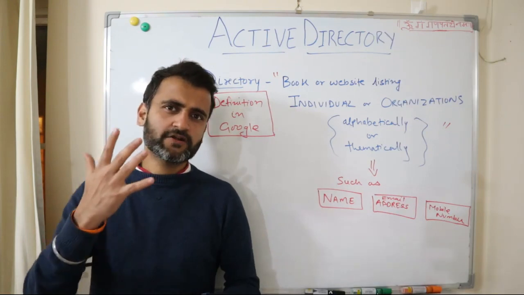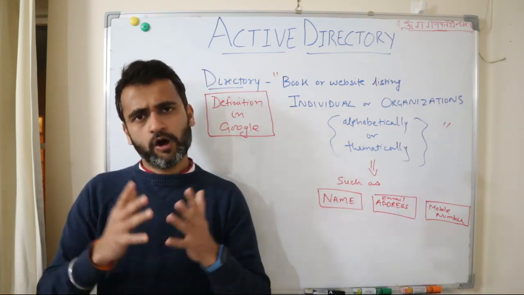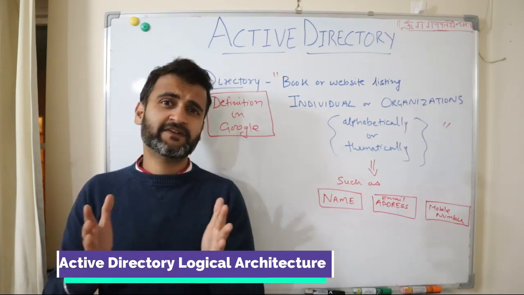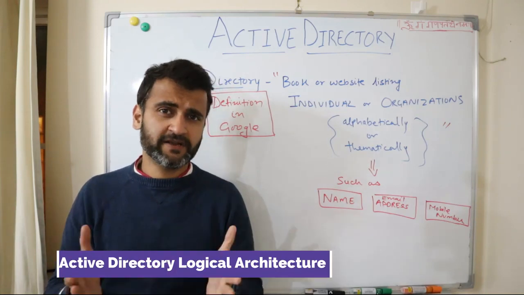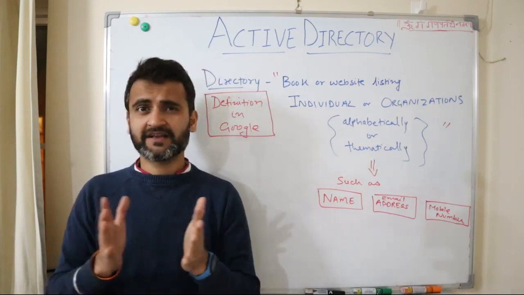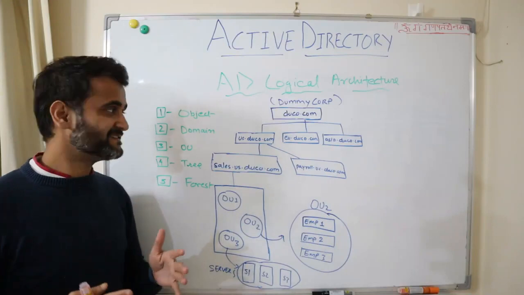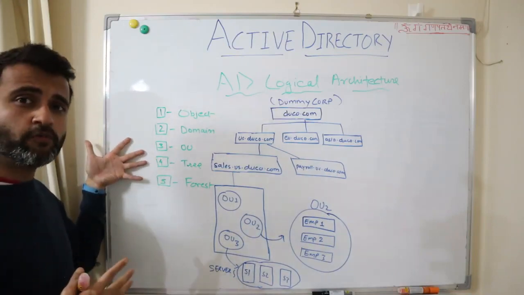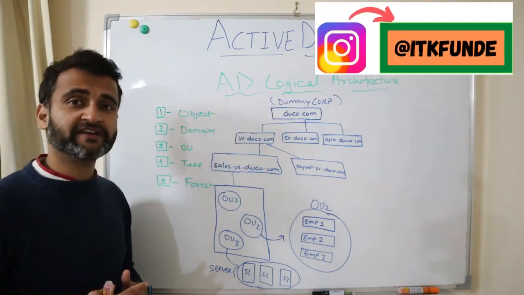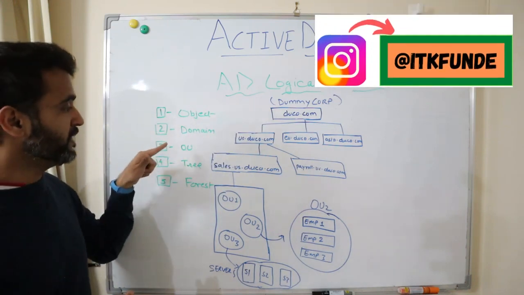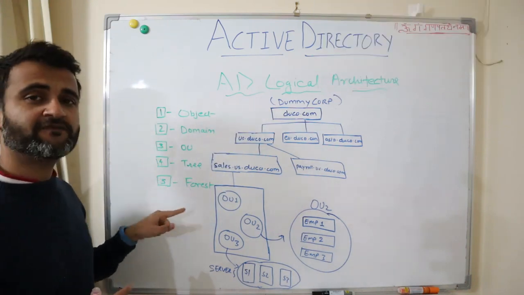Now let's understand those five building blocks on top of which Active Directory logical architecture is built, and we'll understand it with an easy example. These are the five core components of AD logical architecture: object, domain, OU, tree, and forest.